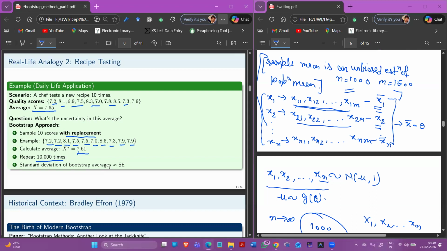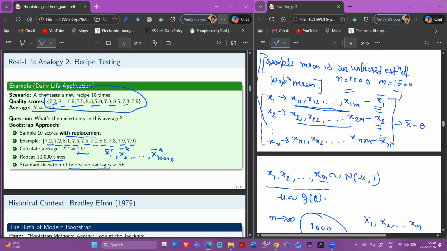Whatever standard deviation I get of the bootstrap averages, I will collect x1 bar star, x2 bar star, and so on up to x 10,000 bar star.